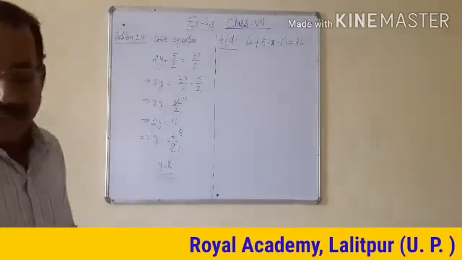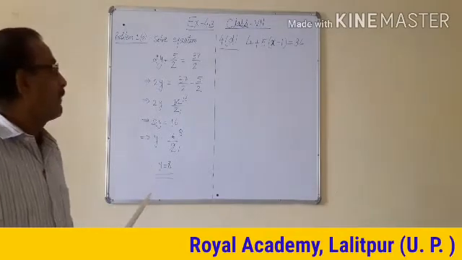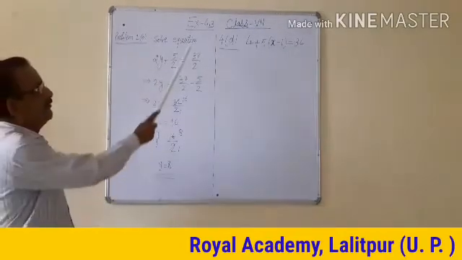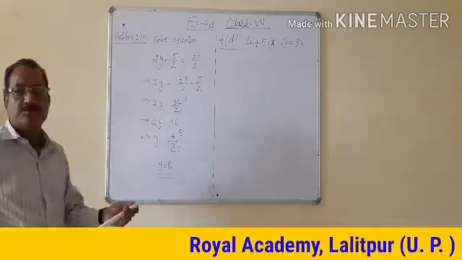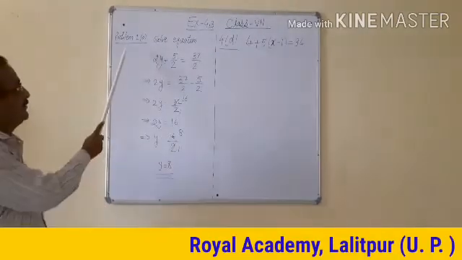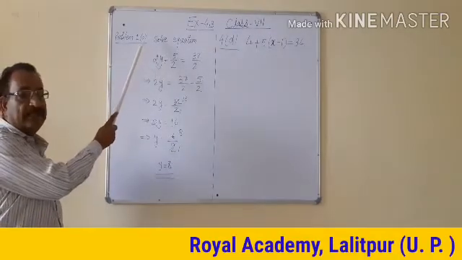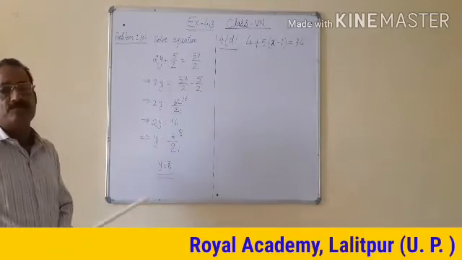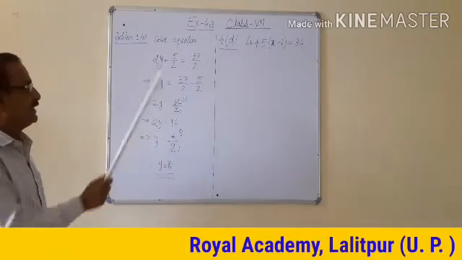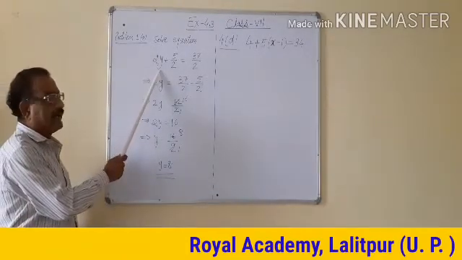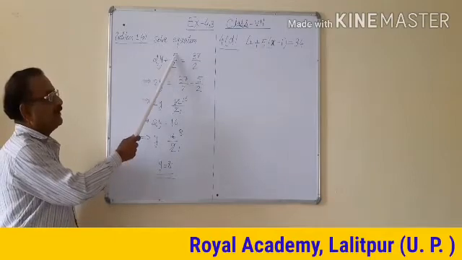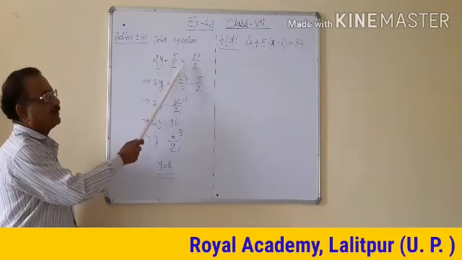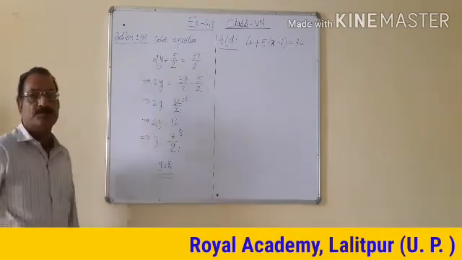So I am taking exercise number 4.3, problem number 1 and its part A. The equation is 2y plus 5 upon 2 is equal to 37 upon 2.